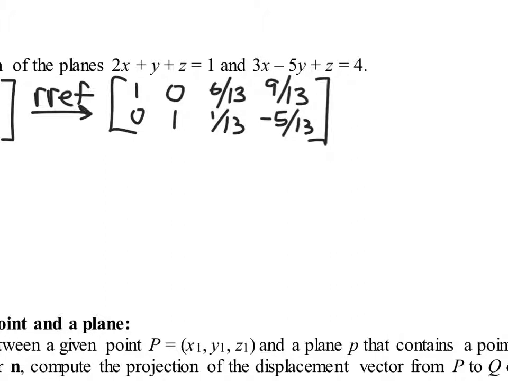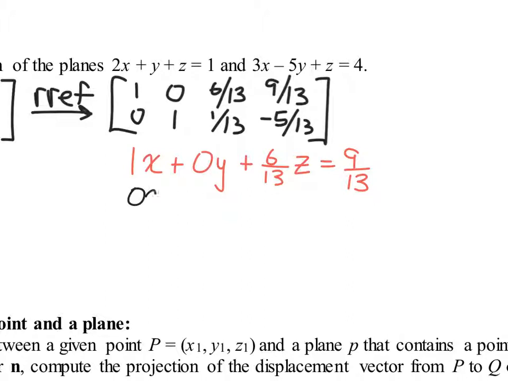So if we started off with 2x plus 1y plus 1z equals 1, and that simplified itself down to 1x, I'm going to write it below. This is really 1x plus 0y plus 6/13 z equals 9/13.